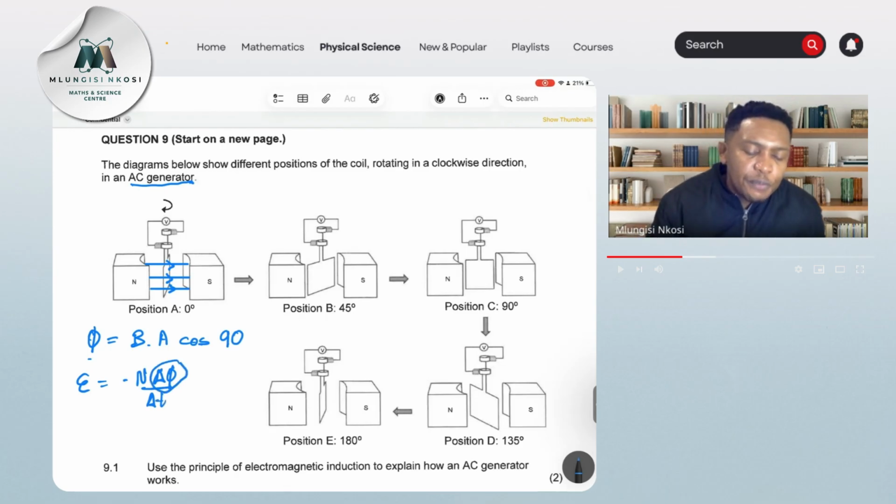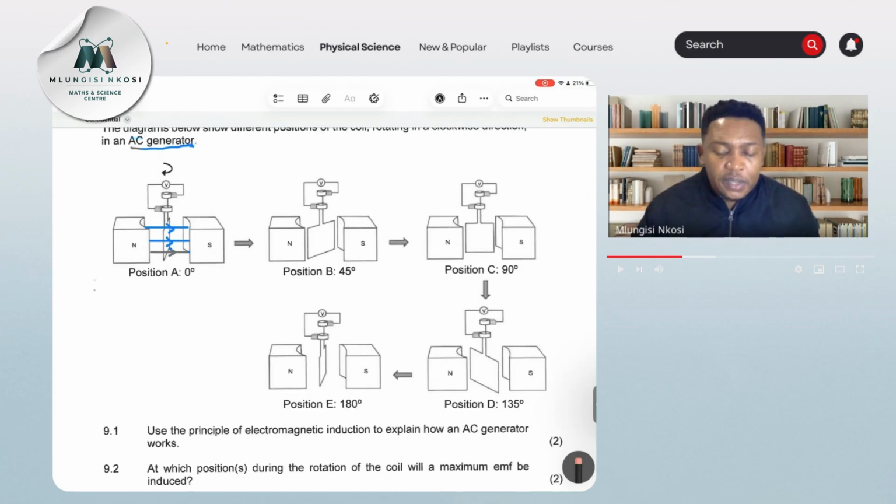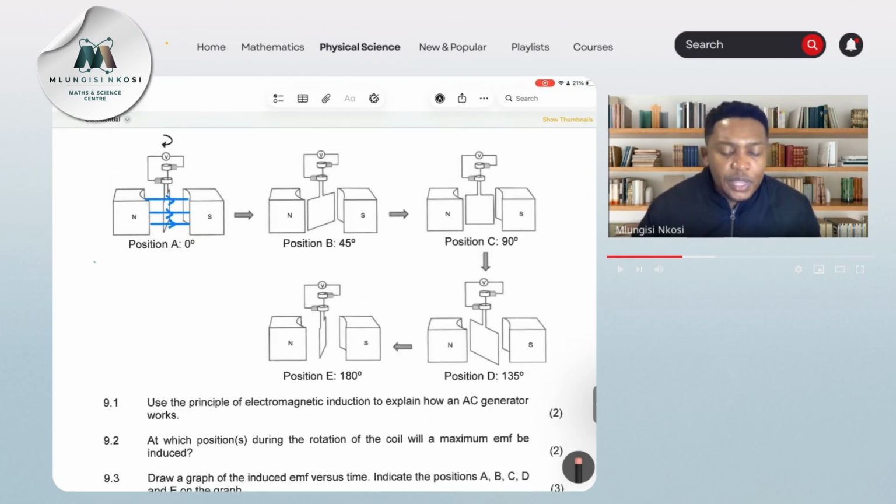So for maximum change in magnetic flux, the angle must be at 0 degrees, or rather, if you want to have maximum flux, not change in magnetic flux. We'll talk about that as we continue.